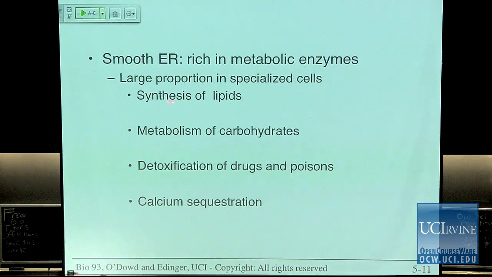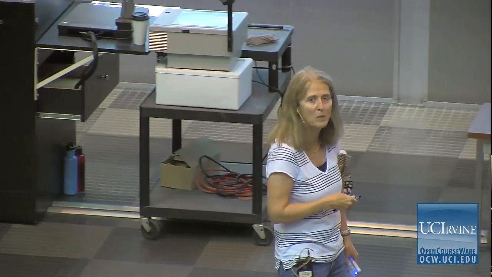So, synthesis of lipids. Both smooth and rough ER make lipids, but smooth ER makes a lot of lipids that are called steroids. So if you know that you make a lot of steroids in this smooth ER, what cell type or organ do you think might have a lot of smooth ER?